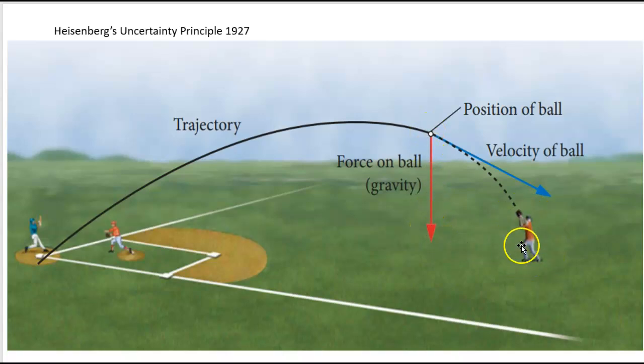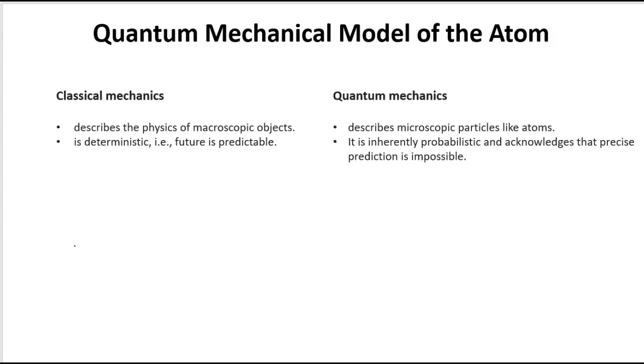Even if this person doesn't know anything about physics, he stands at that very position because he can predict the future by looking at the trajectory of the ball, at the position where he can catch it. So the future of this macroscopic object is predictable by just looking at the trajectory, velocity and position of the ball. But in the case of quantum mechanics, it is not possible.